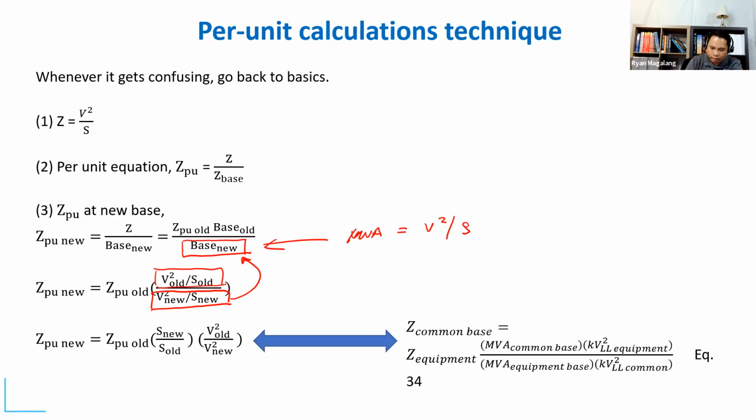And so if we further rearrange this equation, now we have this: the S, or the MVA new, is up top, the MVA old is below, the voltage old is above, and the voltage new is below. It's basically rearranging the equation.